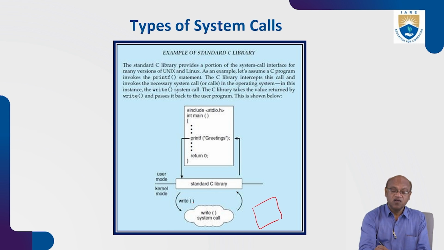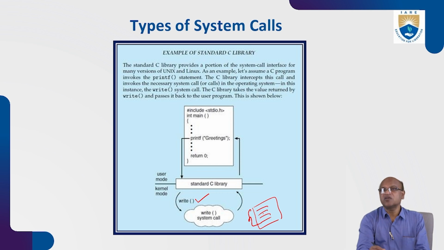For writing to the hard disk, the OS will invoke the write system call in the kernel. This is kernel mode. This write system call will write the entire program to the hard disk, saving it there.